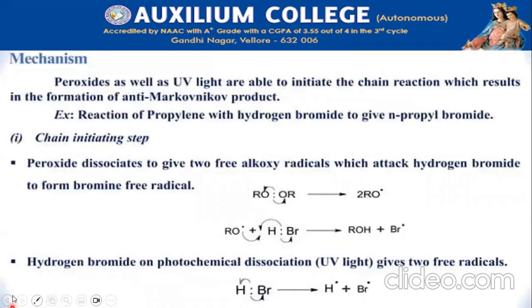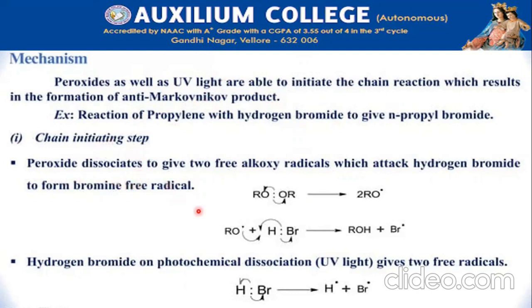When you go into detail with the mechanism, peroxides as well as UV light are able to initiate the chain reaction. Since it follows a free radical mechanism, we have an initiation step, propagation step, and termination step. The first step is the chain initiating step.